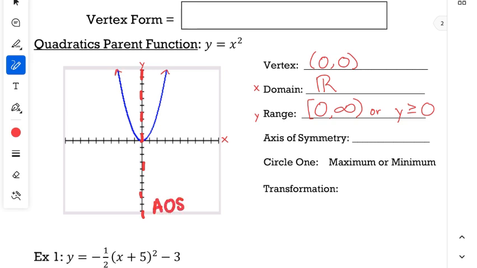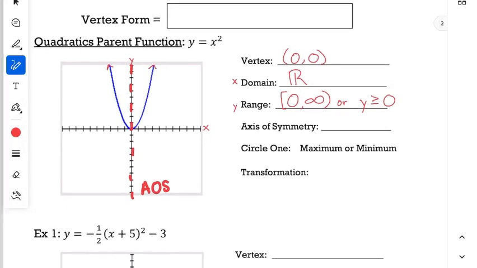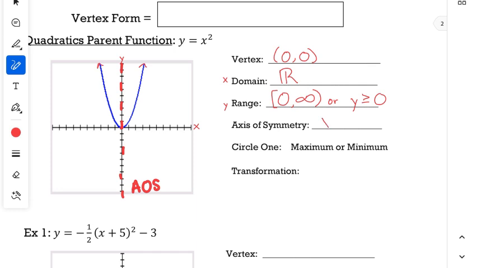So I'm going to call this the AOS. And I'm going to label it on my graph. Axis of symmetry. And so the axis of symmetry is always an x equals wherever it goes through on the x-axis. So it goes through the origin, so it's x equals 0.